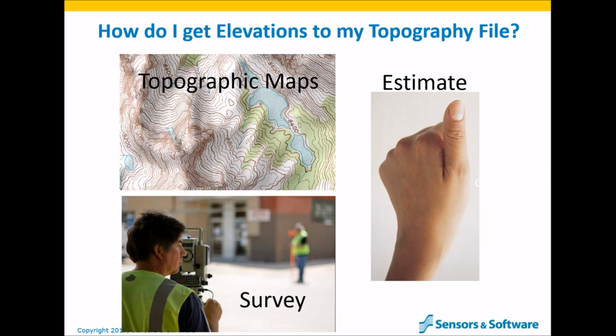What we do is create a text file that contains the elevation information at positions along the GPR line, and then we attach that to the GPR line. So the file is called a .top file, a topo file. Now let me show you how simple it is to create one.